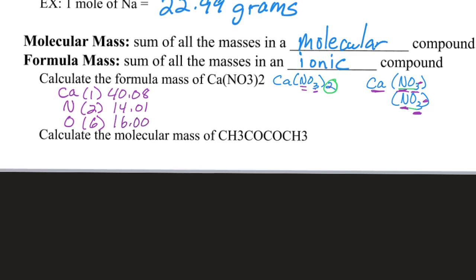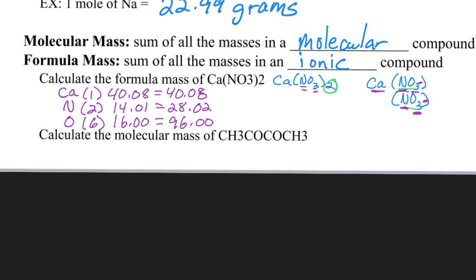And I do want to keep all the zeros because remember when we're adding significant figures, we have to keep the same number of decimal places. So now I'm going to use my calculator and figure out 1 times 40.08 is 40.08. 2 times 14.01 is 28.02, and 6 times 16.00 is 96.00.